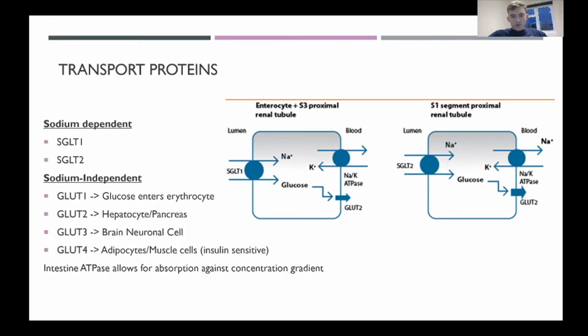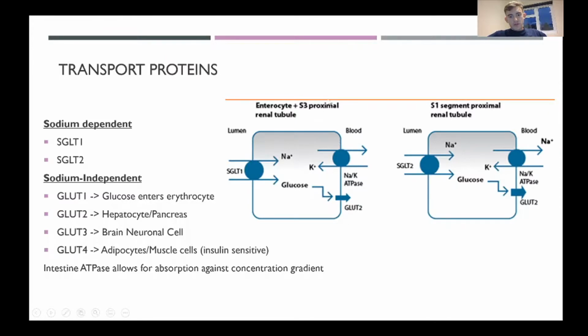To get glucose into the body, we've got two different ways. We've got these sodium dependent transporters, SGLT1 and SGLT2, and they basically work by allowing glucose to enter the body, going up its concentration gradient. Because glucose enters, as you can see in the diagram, one sodium ion will enter as well, and this will cause glucose to then enter through GLUT2 into the blood.